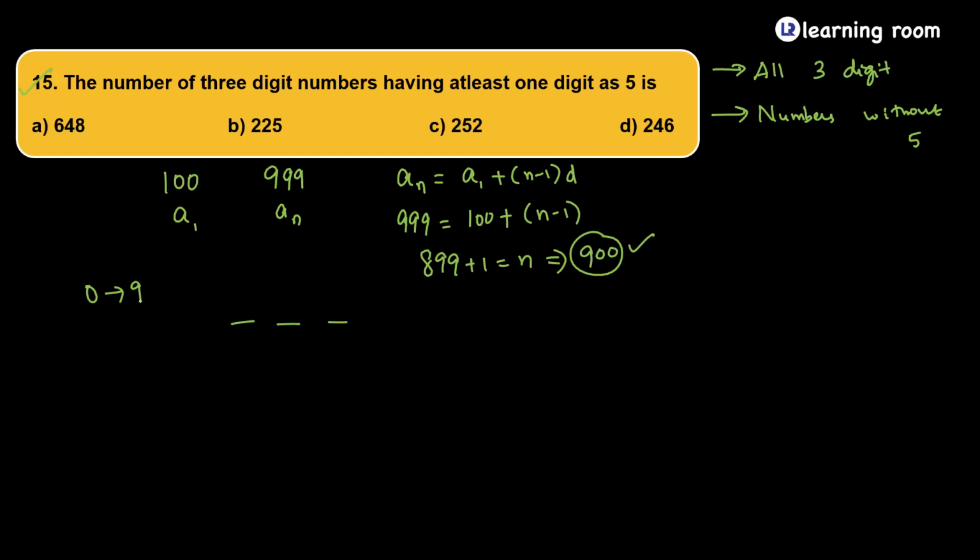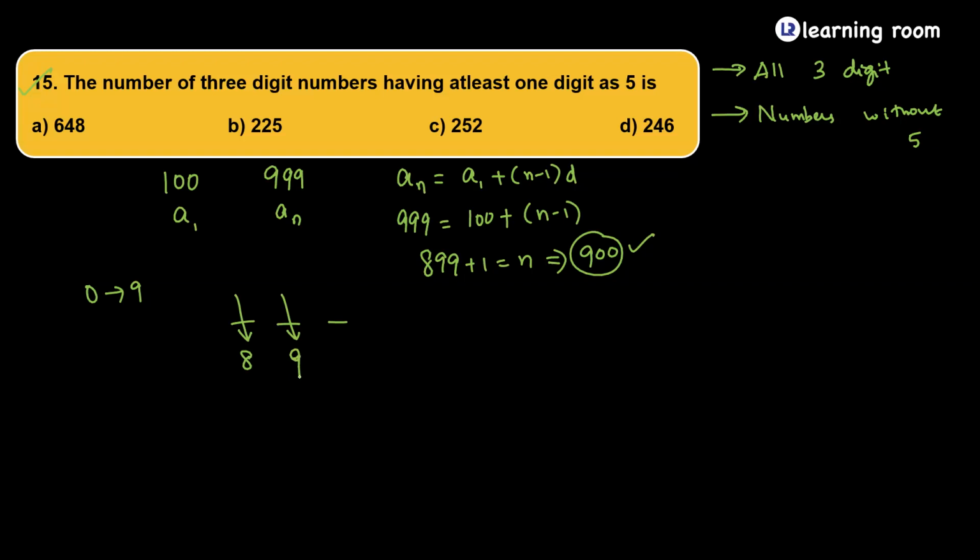The first place can obviously not take 0. So this can be filled in how many ways? It is 8, because I am removing 5 also. So this can be filled in 8 ways. What are the numbers you are removing in the hundreds place? 0 is removed and 5 is also removed. So how many ways can you fill this one?